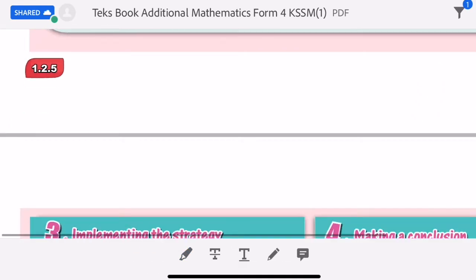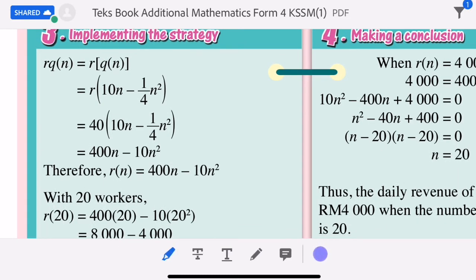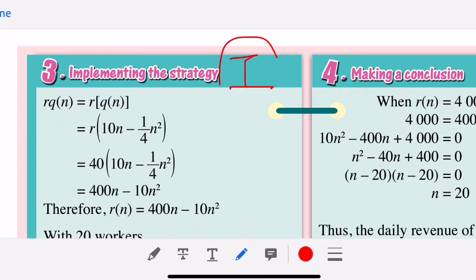After you plan, you have to implement the strategy. Implementing the strategy means you come up with RQ(n), a composite function, whereby you substitute Q into R. You multiply, and you get 400n minus 40 times 1 over 4 is 10n squared.